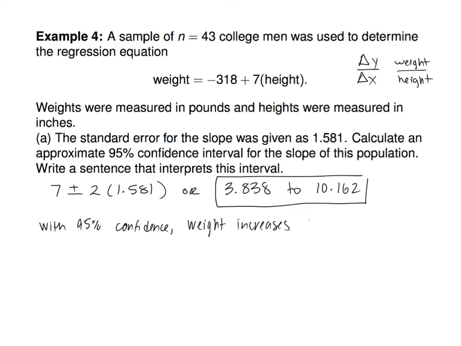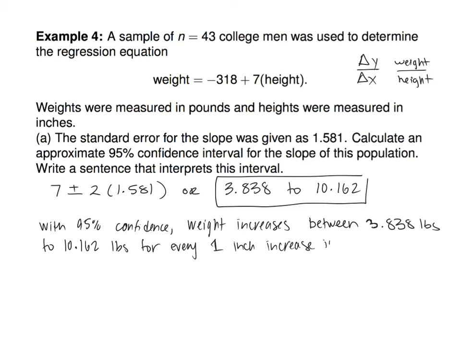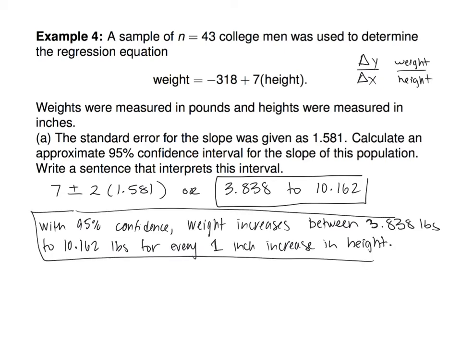So weight increases between 3.838 pounds to 10.162 pounds for every 1 inch increase in height. So if you get 1 inch taller, your weight should go up between 3.8 pounds and 10.162 pounds.